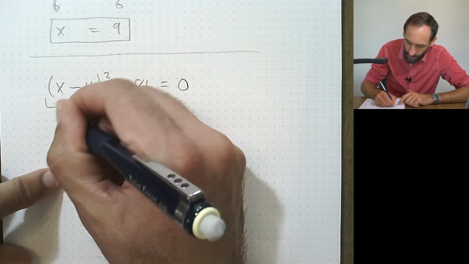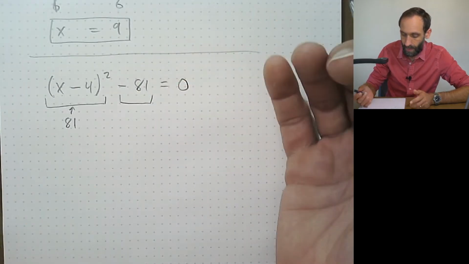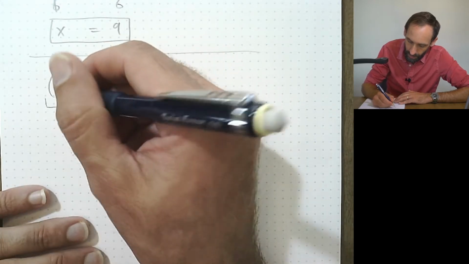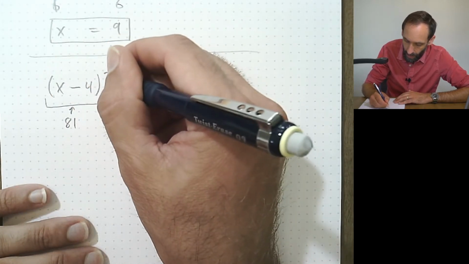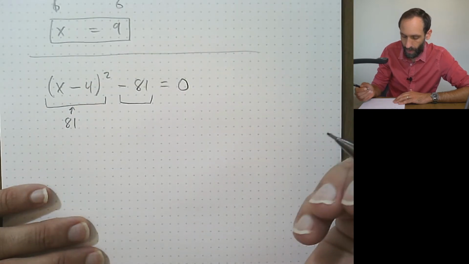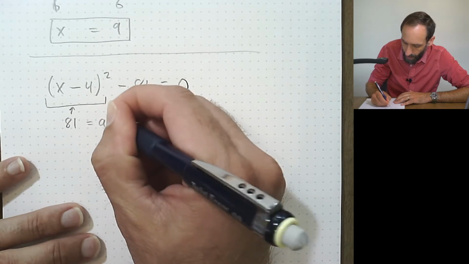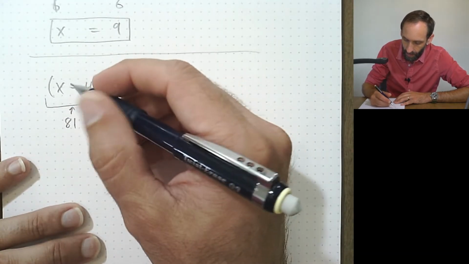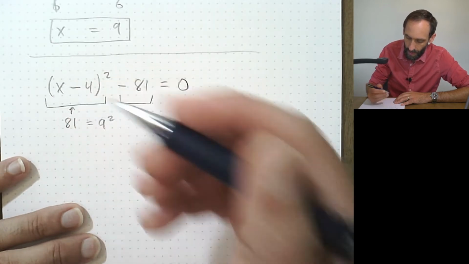So whatever this expression right here is, it's got to end up being equal to 81. So let's think about this. Some number minus 4 squared equals 81. Well, if you know your squares, you'll know that 81 is equal to 9 squared. So what mystery number, when I subtract 4 from it, will give me 9.